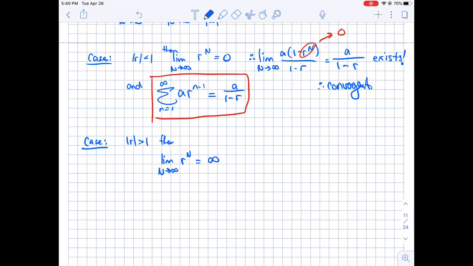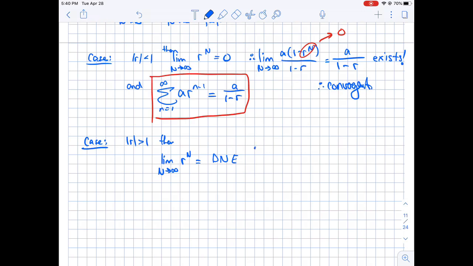It's going to go to positive infinity if r is positive, and if r is negative, it's just going to diverge. It's going to be increasing without bound, but it's going to be bouncing back and forth as a positive number and then as a negative number and so on. So here, what we'll do in general is that this limit just does not exist if r is going to be in absolute value larger than 1.